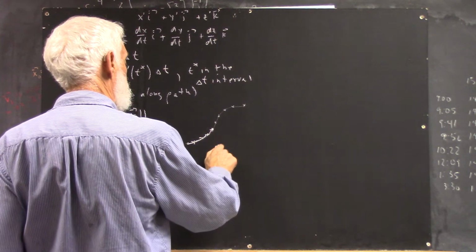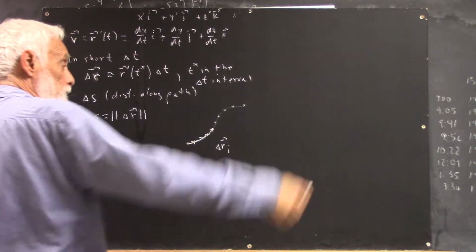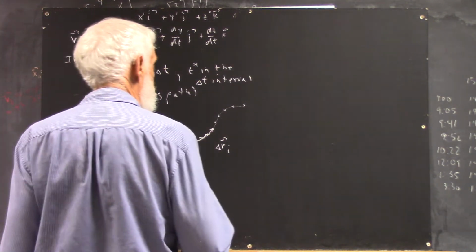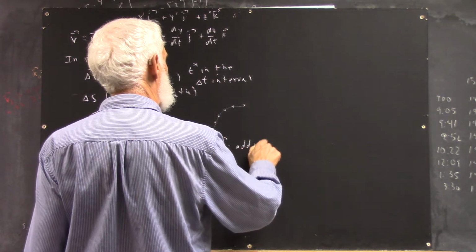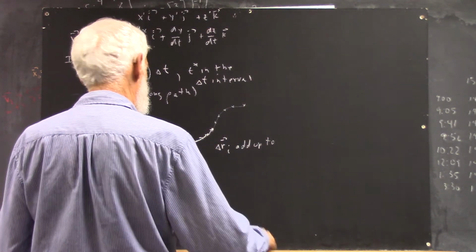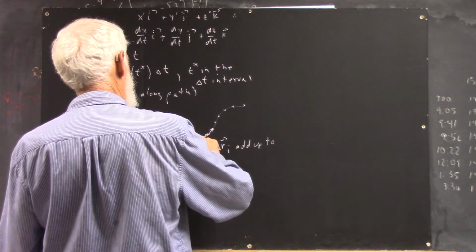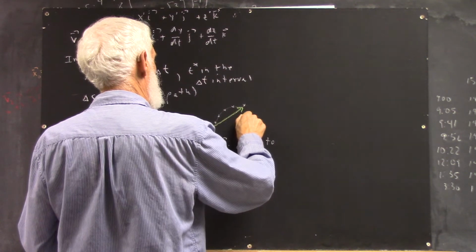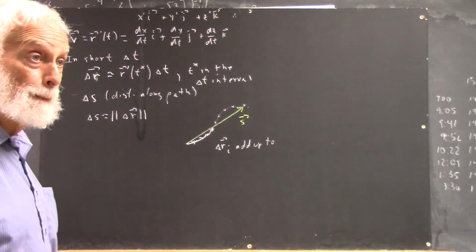So these could be your delta R sub i, where i goes from 1 to n and all that stuff, right? And the delta R sub i's add up to the vector from your first point to your last that I'll call S, right?